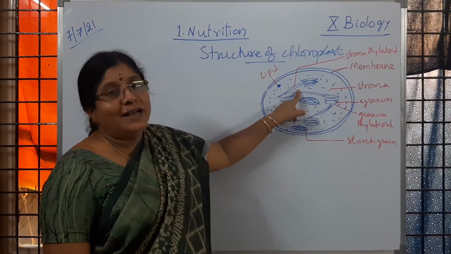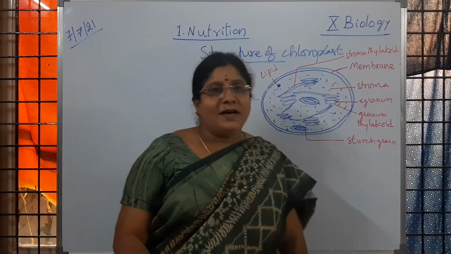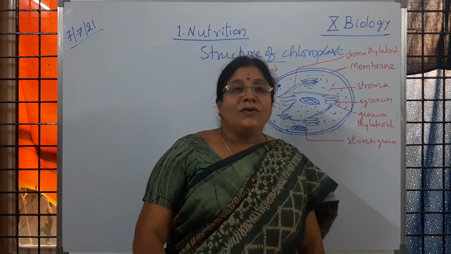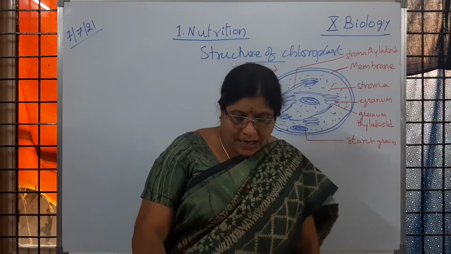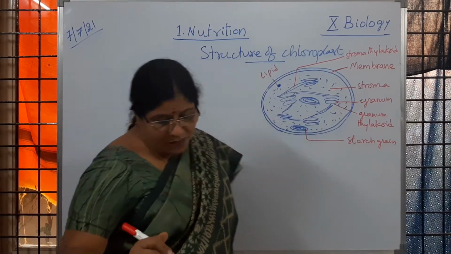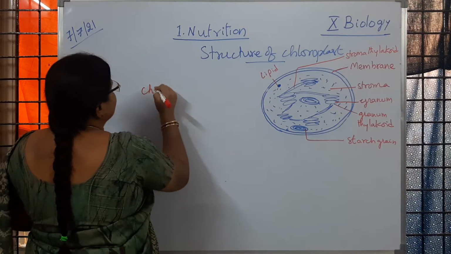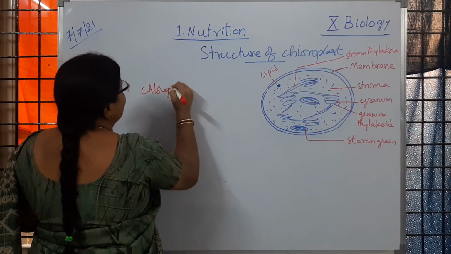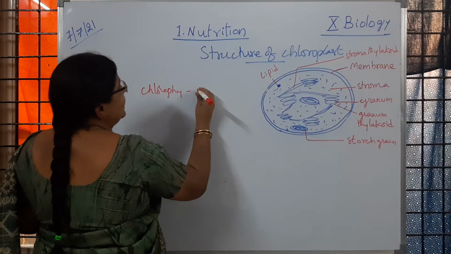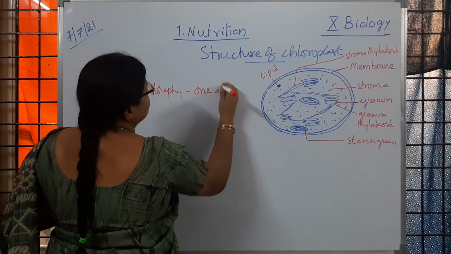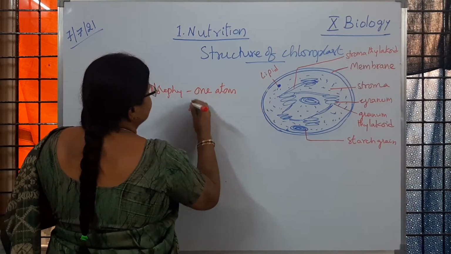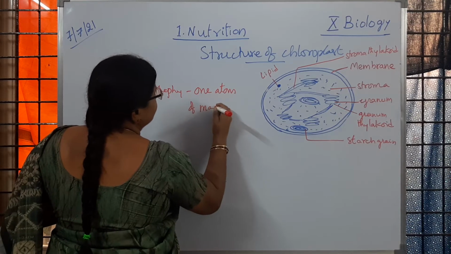Okay, so now let us learn the structure of chlorophyll. Chlorophyll contains one atom of magnesium.